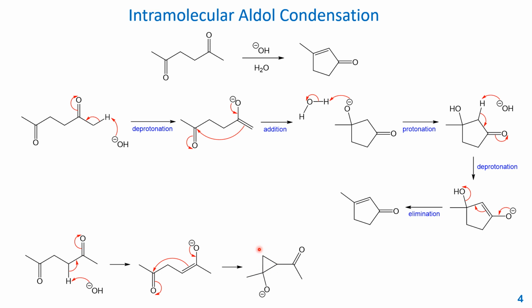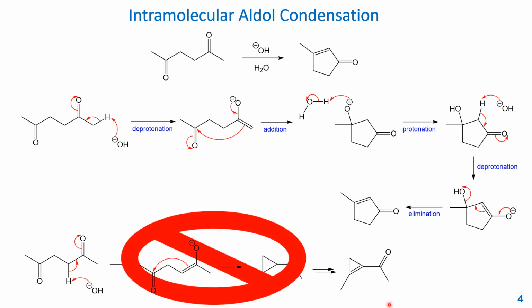You can see this intermediate is a cyclopropane intermediate, and although potentially it could get protonation followed by E1CB elimination, potentially forming this 3-membered alpha beta unsaturated ketone, this ring has too much ring strain, so this possible reaction actually will not happen.